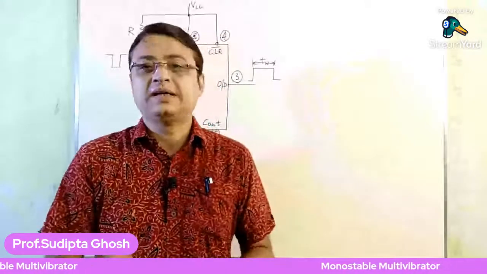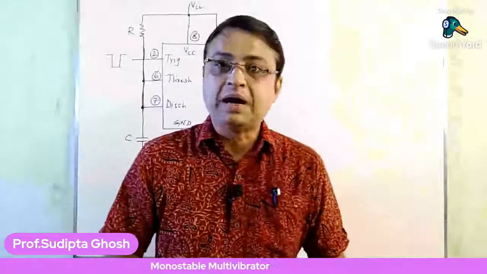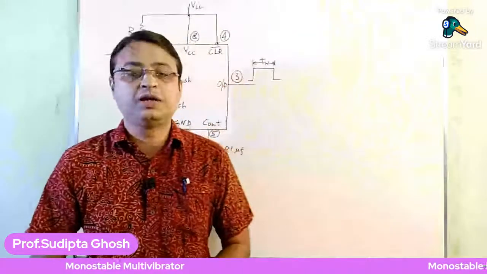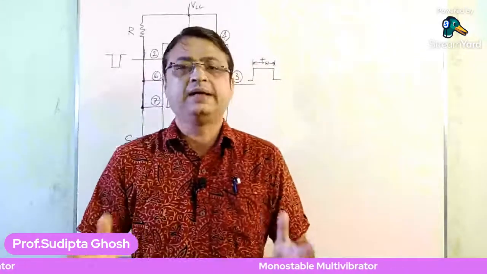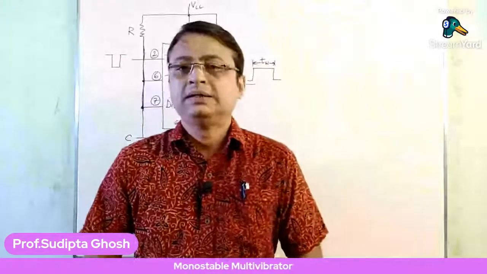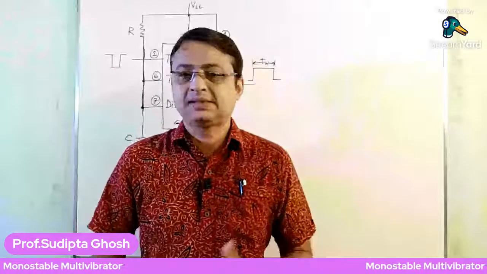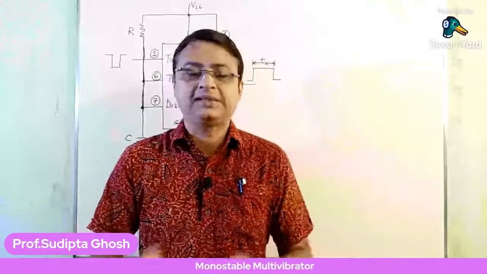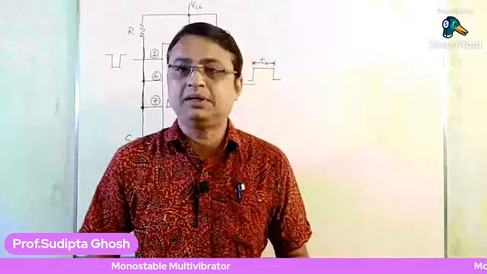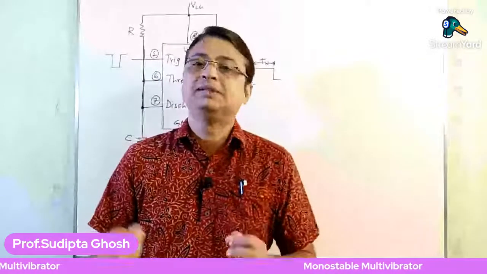So let's dive into what a monostable multivibrator is. In multivibrator circuits, we usually find there are three types of multivibrators. I think you all know about that. These are monostable, bistable and astable multivibrators. Astable means a multivibrator which has no stable states.